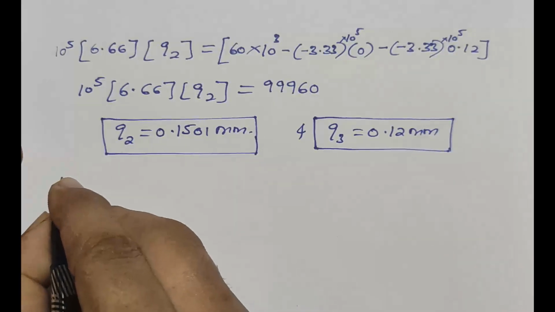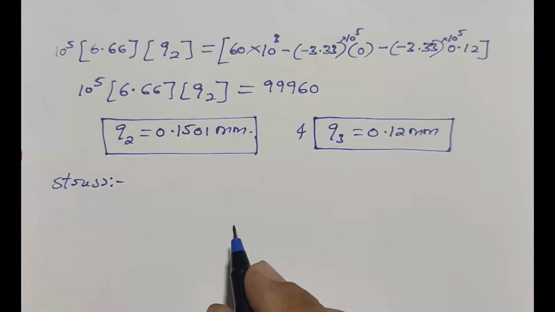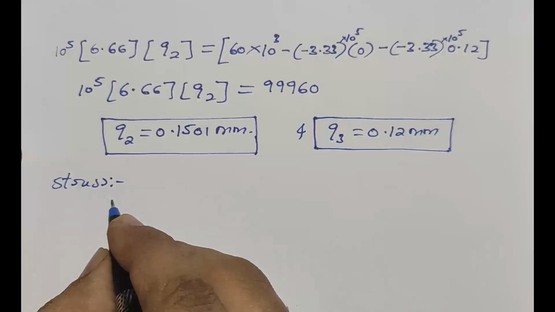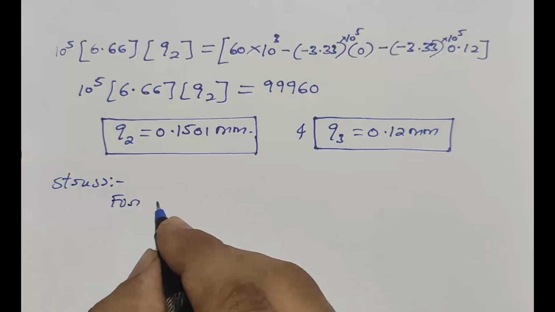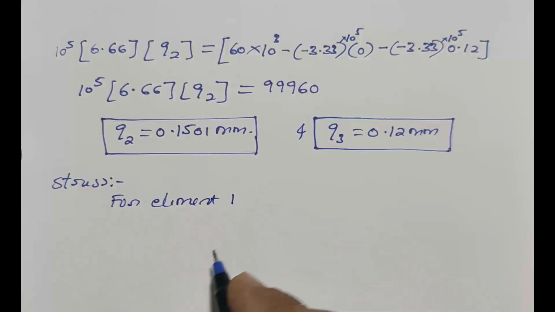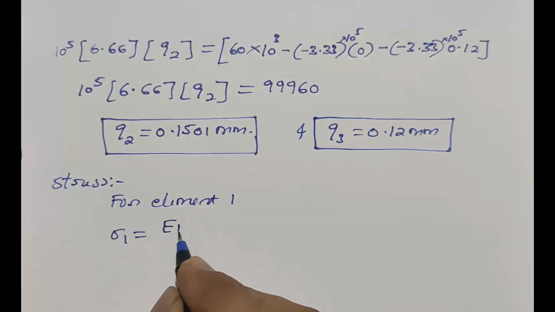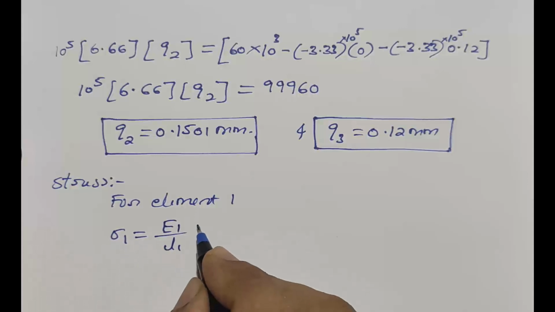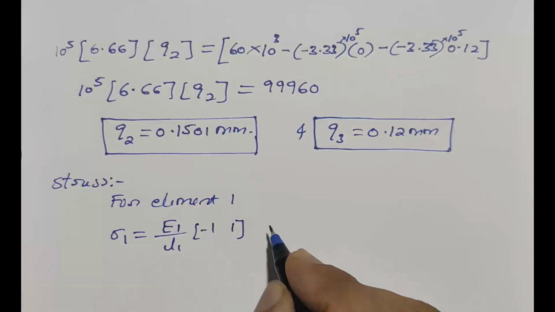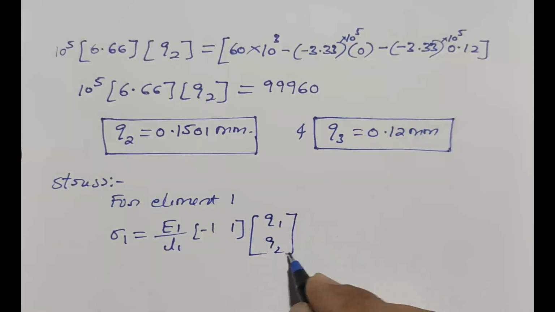Next we need the stress in each element. For element 1, sigma 1 is E1 by L1 times minus 1, 1 times Q1, Q2.